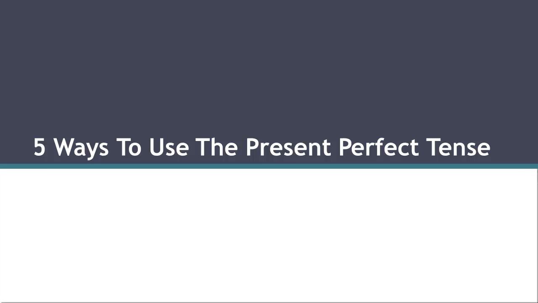With the irregular verbs, he has gone, and he has driven. Very good. So let's talk about 5 ways to use the present perfect tense.